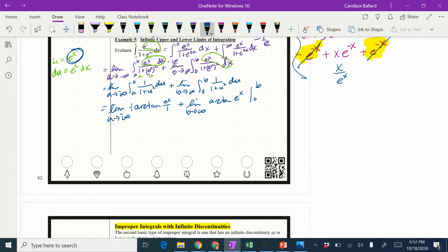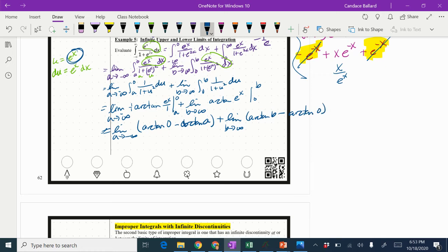So now let's go ahead and substitute all of that in. I should have written it from a to 0. Okay, so now we've got the limit as a approaches negative infinity of arctangent of 0 minus arctangent of a, plus the limit as b approaches infinity of arctangent of b minus arctangent of 0.